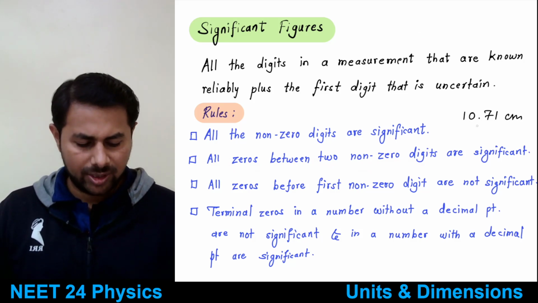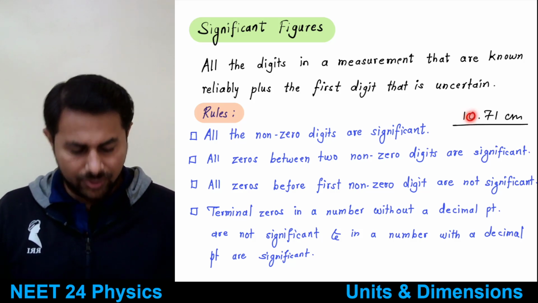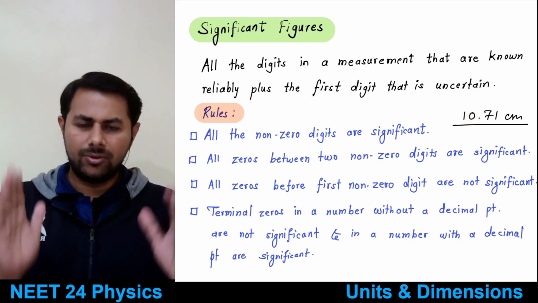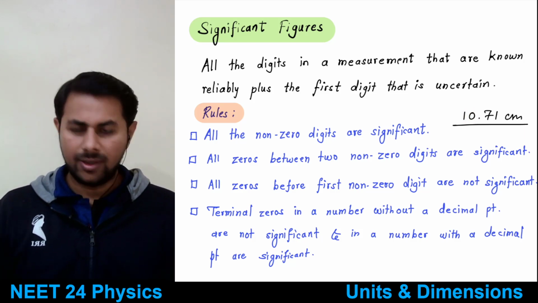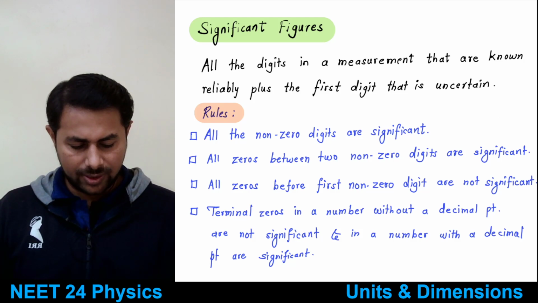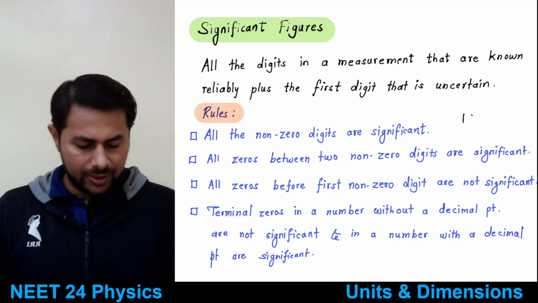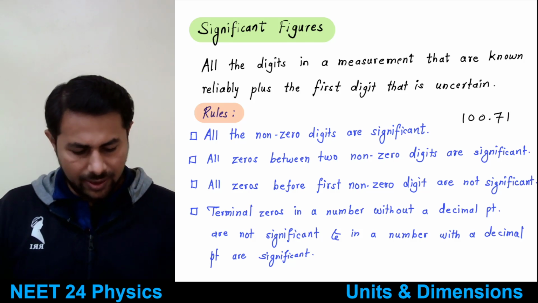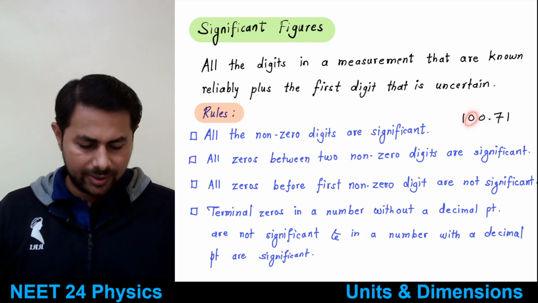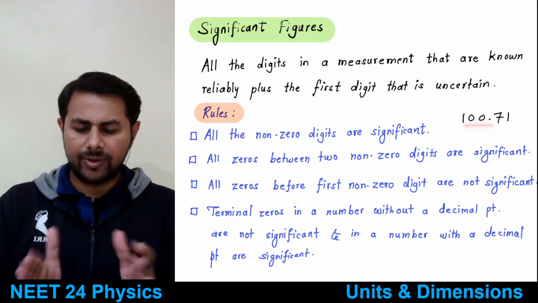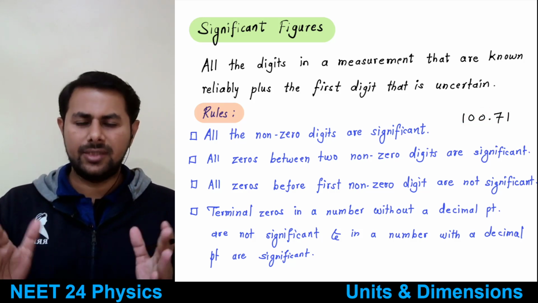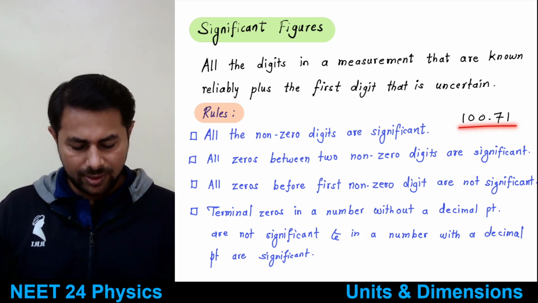Suppose this is the length of this pen. So this zero, which is in between two non-zero digits, is significant. Or there are two zeros like this, 100.71, something like this. So this zero is also significant, this zero is also significant. So the zeros in between non-zero digits are significant, right?